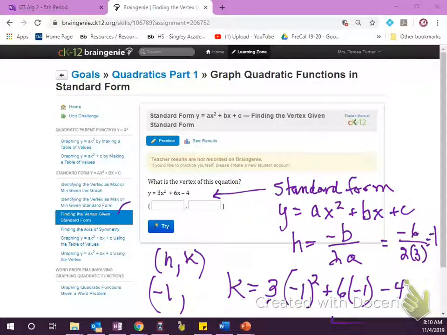Negative 1 squared is positive, so that becomes 3, plus negative 1 times 6 is minus 6, minus 4. So 3 minus 6 is negative 3. Negative 3 minus 4 is negative 7. So what you would type into these two boxes is negative 1, negative 7.